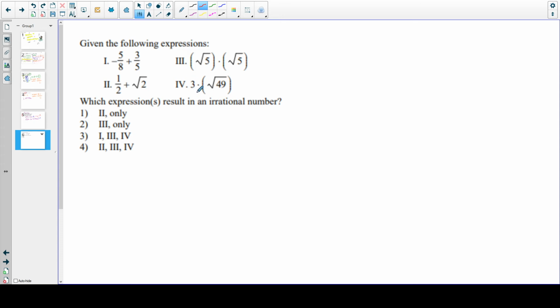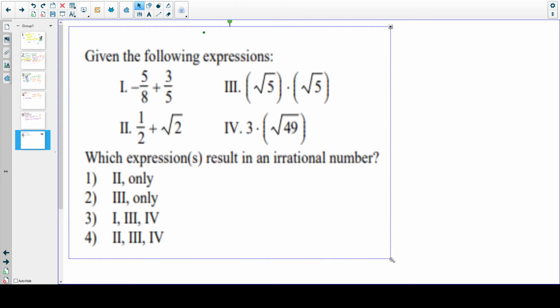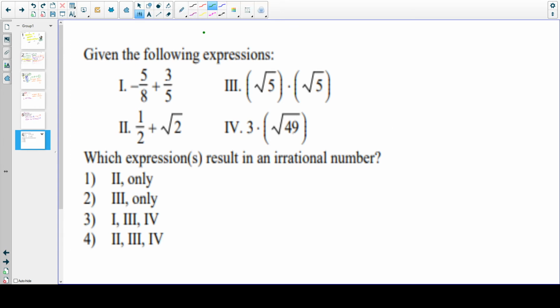Last but not least, this is a very common question on the Regents. So let's kind of do this one together. Which of the expressions result in an irrational number? Well, let's make this a little bit bigger, why don't we just identify each of these terms? So, if we look at number 1, these are two fractions.